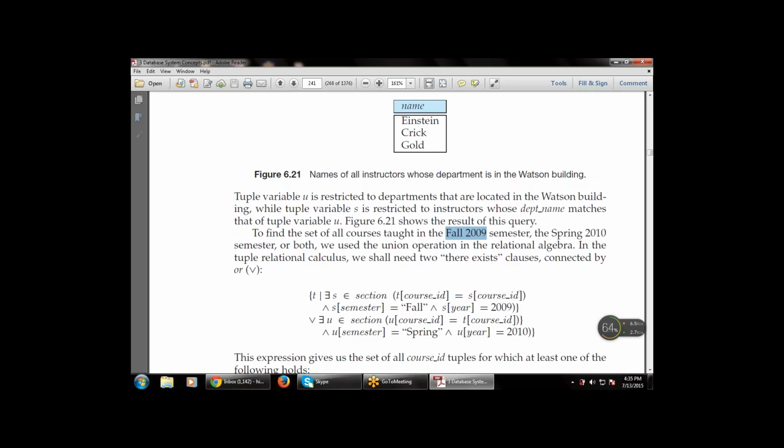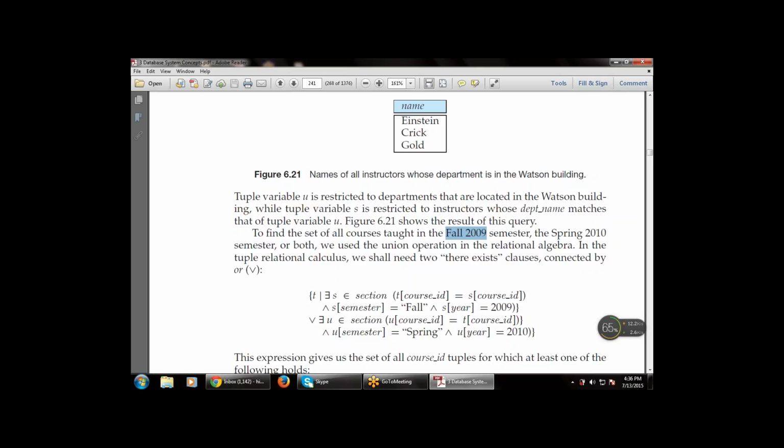So this is the condition. One is using the section, one is using the section for course ID, and there is the OR relation, where either one of the semesters, the fall or the spring semester, holds.